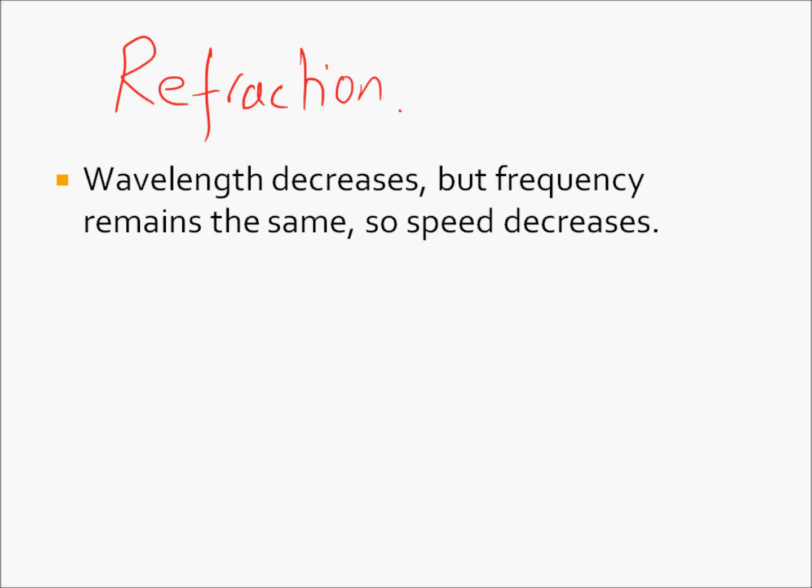It's fairly easy to see why this happens if we think about the wave equation. The wave equation is given like this: the speed of a wave is equal to the product of the frequency and the wavelength. If the wavelength has decreased and the frequency remains the same, the speed is obviously going to decrease.